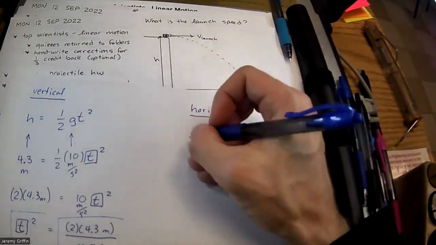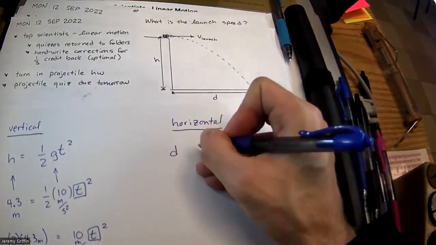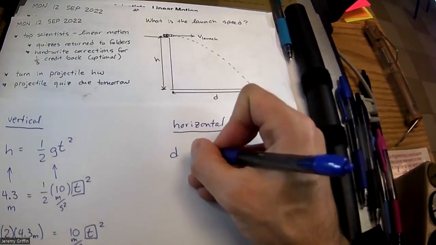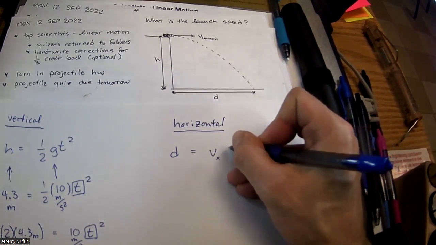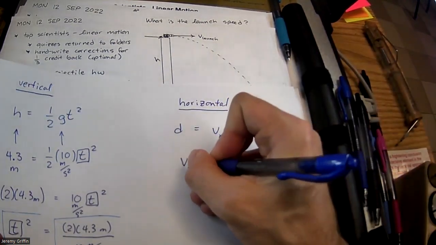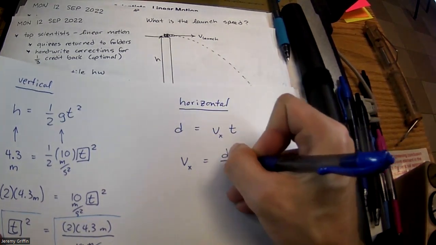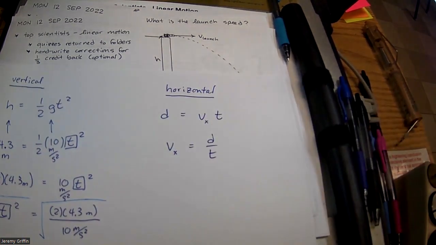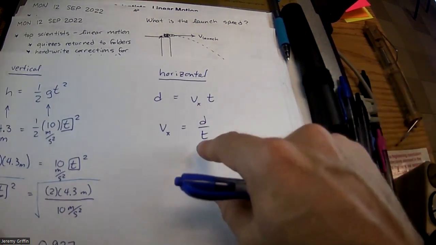The horizontal displacement is equal to v sub x times the time of fall. Or maybe you started with this next step, just d over t. Still algebra rearrangement in terms of variables.